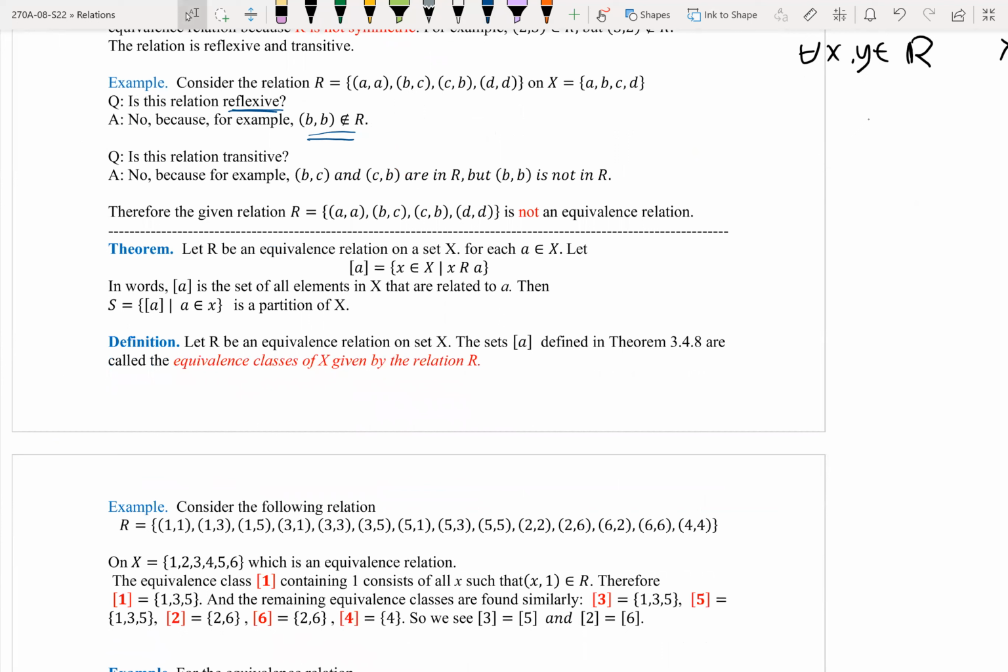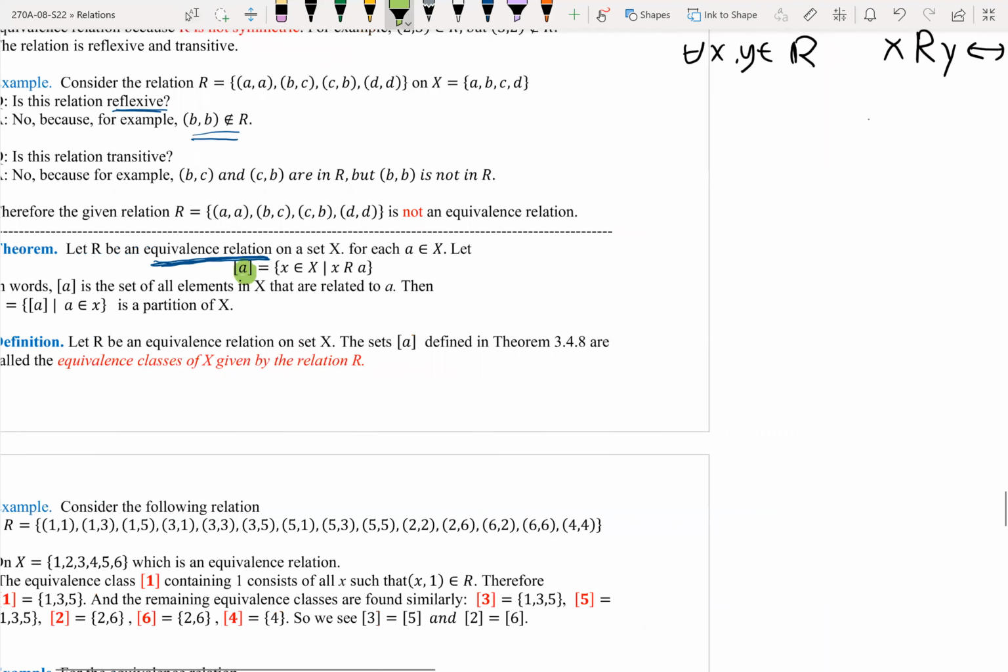One expression. For equivalency, we have something we call a class of elements. The notation looks like this exactly. So we can write the set of all elements which are related to only one single element. For this modulus, that was really the best example you can have.